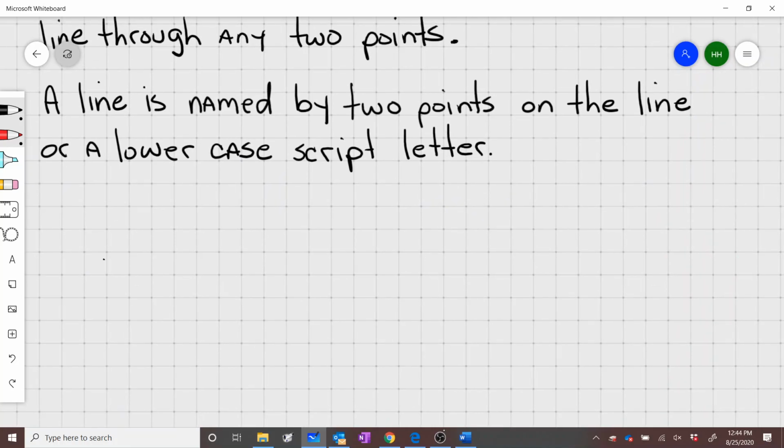So if we've got this line, and let's put points A, B, and C on it, and then we'll put a lowercase script L next to the line.